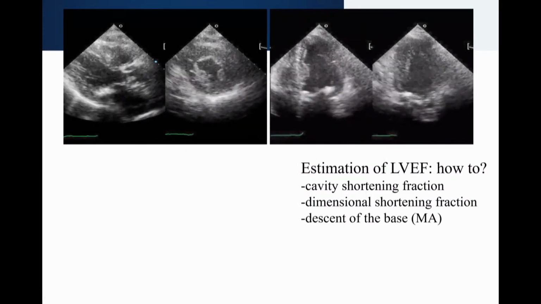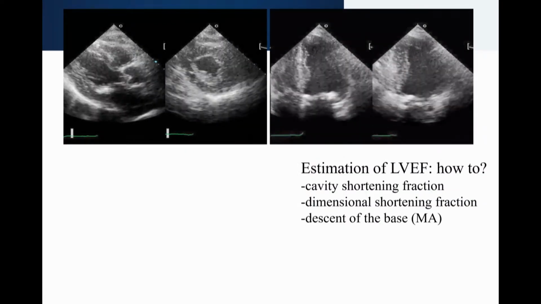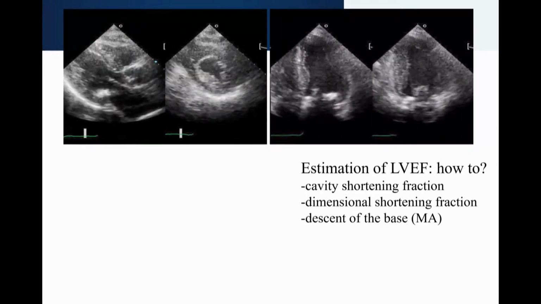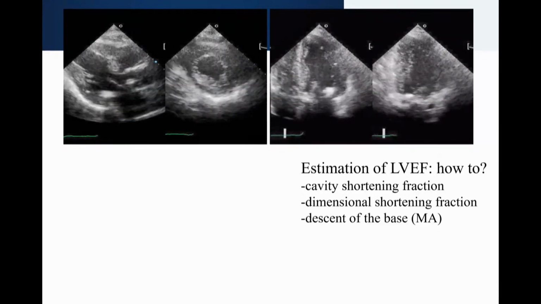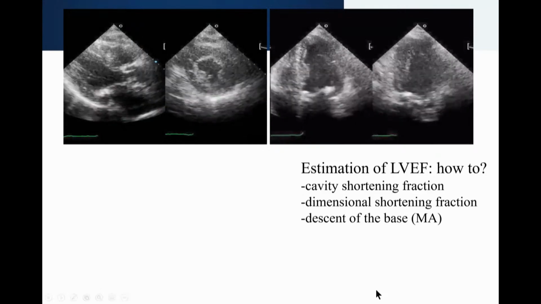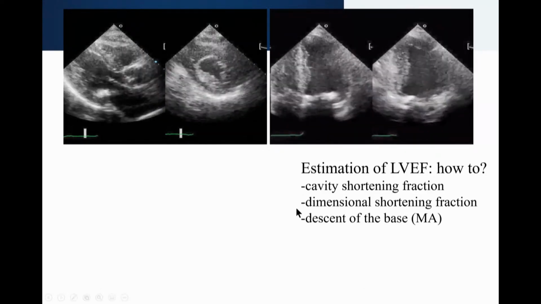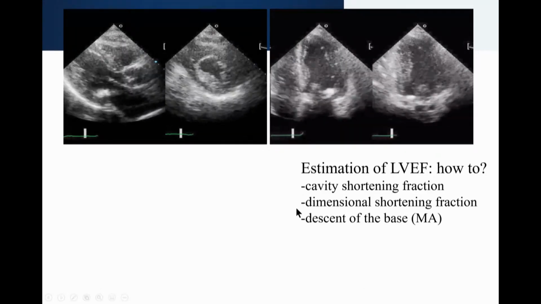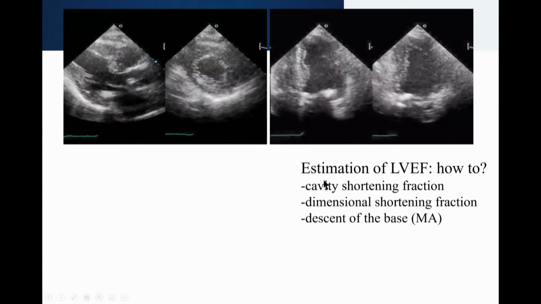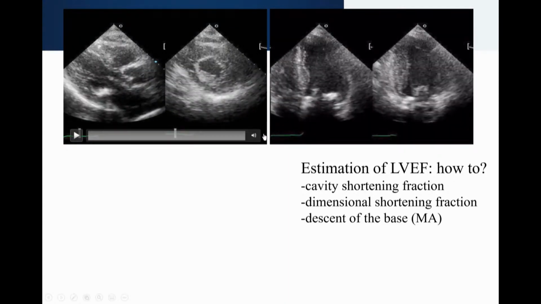So you show this patient, for example, which I have shown in many courses in the past, and ask the audience to give an estimate. And most people estimate using their eye, which is processing several things. The shortening fraction of the cavity, you sort of get a sense for how well that cavity is shortening.